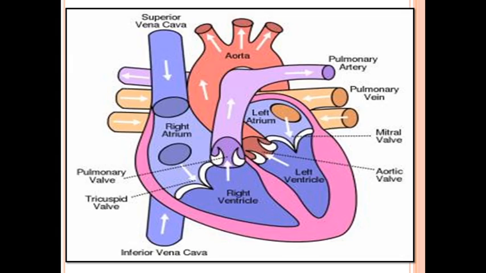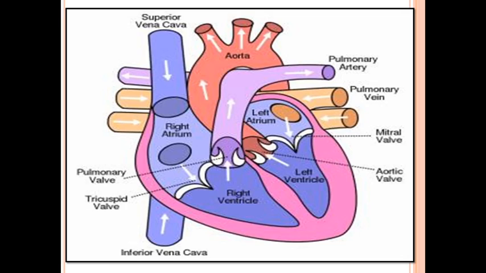If you are learning it, it's a good thing, but at least the main parts you should learn: the aorta, right atrium, right ventricle, left ventricle, pulmonary artery, pulmonary vein. At least that many names, write down after drawing the heart.